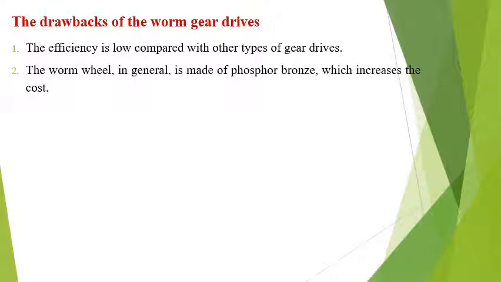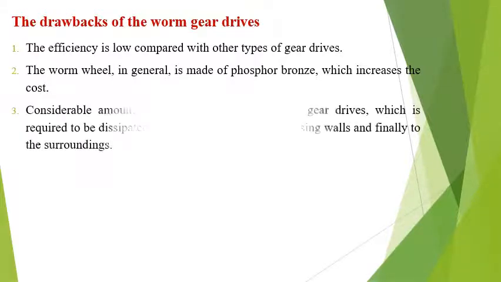Next, in a pair of worm and worm wheel, generally the worm wheel or worm gear is made of phosphor bronze due to considerations of wear, and this increases the cost of the gear drive.